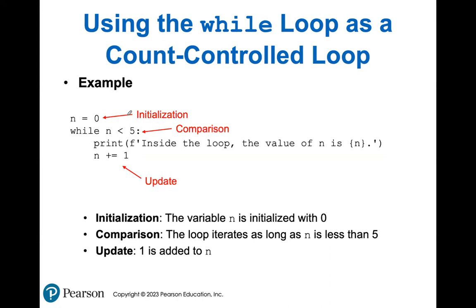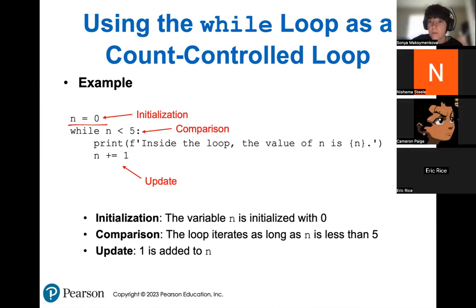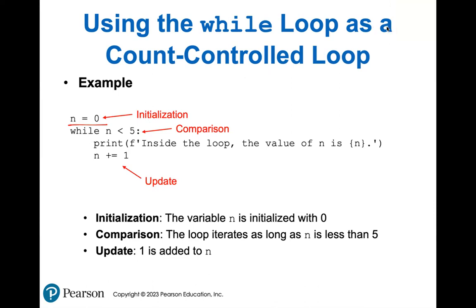Here's an example of a while loop used as a count control loop. So this is the initialization part right here. We assign n to 0 right here. So we initialize our variable n to 0. And then in our while loop, what we have is we're comparing n to the number 5.